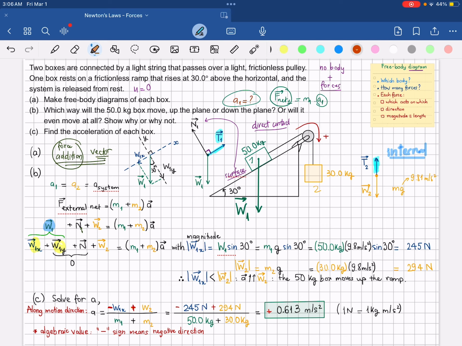Whenever you need to analyze a force vector, you should analyze it in the motion direction. Why? Just think about it. Because we want to see how forces influence the motion of the objects, right? So we should choose the motion direction as one of them. Makes sense, right? And then we choose the other direction to be perpendicular to the motion direction.